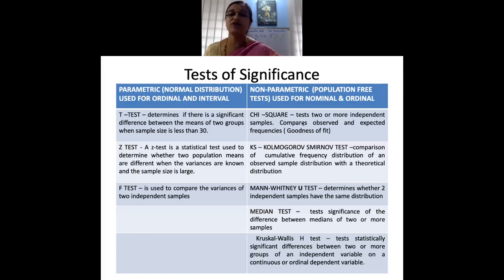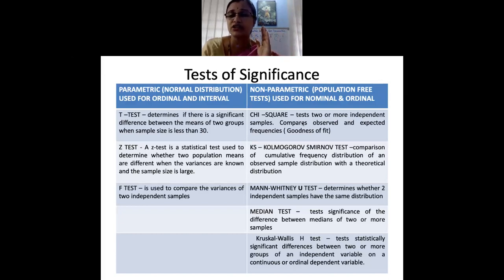Again, you have a lot of other tests which are used. It depends on your type of research, but as far as possible this chi-square test is mainly used. Even the Kolmogorov-Smirnov test is used because it finds out the cumulative frequency also, which chi-square does not. So you can use tests based on the normality.